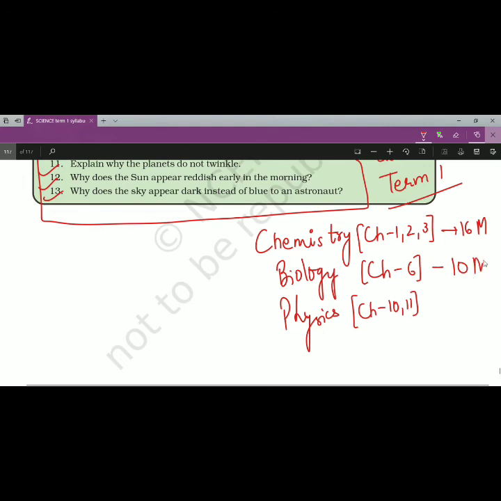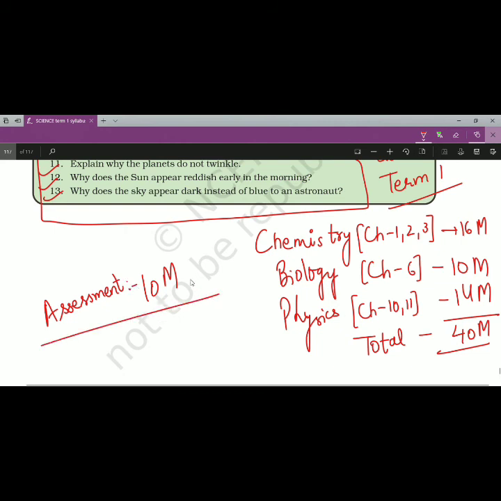This contains 10 marks, 14 marks, and then total 40 marks, and 10 marks assessment on the basis of your periodics, your projects, portfolios, etc. And 10 plus 40 equal to 50 marks. So that's all about the syllabus.